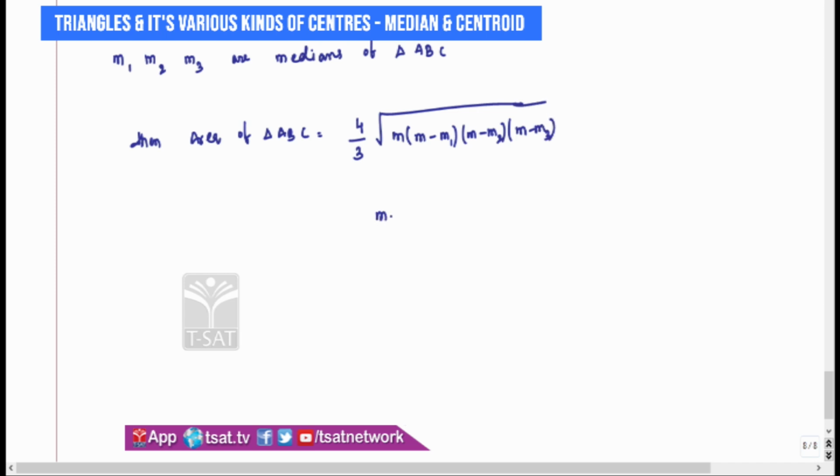Here m is equal to (m1 plus m2 plus m3) by 3.